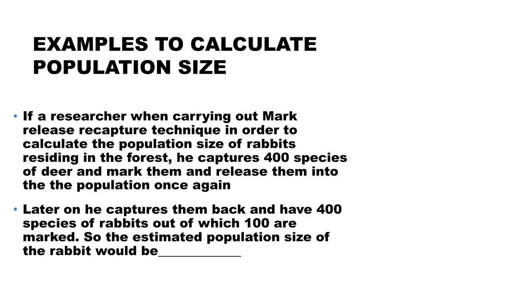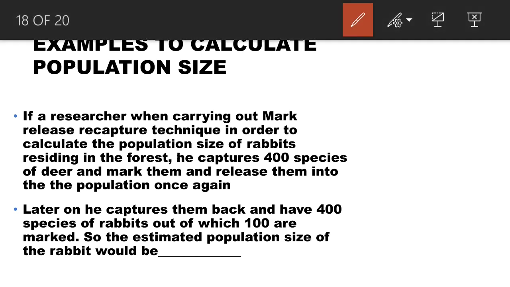100 are marked. तो आपको just simple put up करना है formula, that n is equal to number of individuals marked in the first sample, here the first sample is 400, multiplied by second sample size, again the second sample is 400, and divided by marked individuals in the second sample, तो वो हो गए हमारे 100. So you can easily have the answer that 1600 becomes your answer for the population size of this particular rabbit.